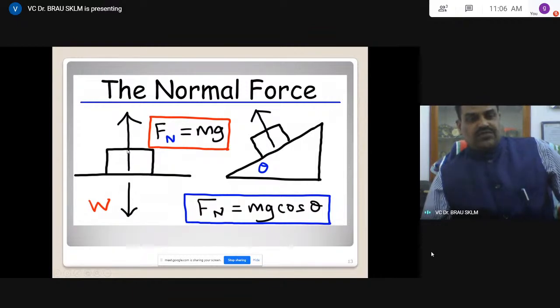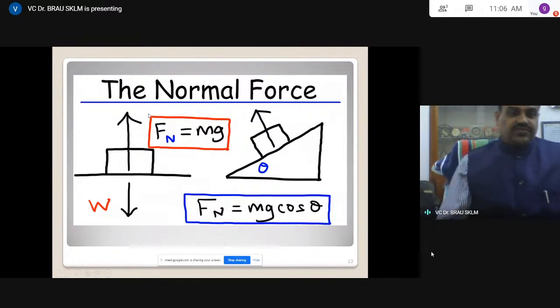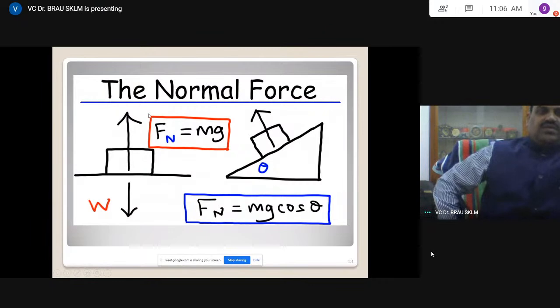If there is no friction, both are equal: upward force is equal to downward force, Fn is equal to W. That is the meaning of a static condition. That means there is no frictional force; there is no horizontal force basically. If it starts moving, then the frictional force comes in, the static or dynamic nature, in terms of the normal reaction.